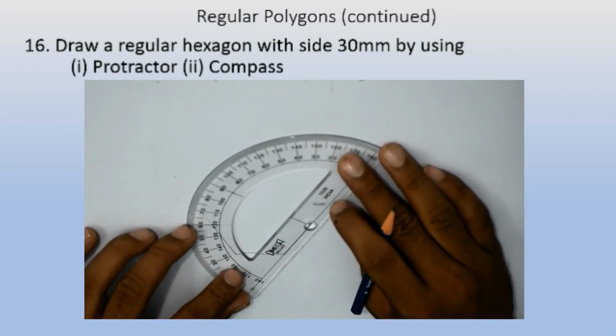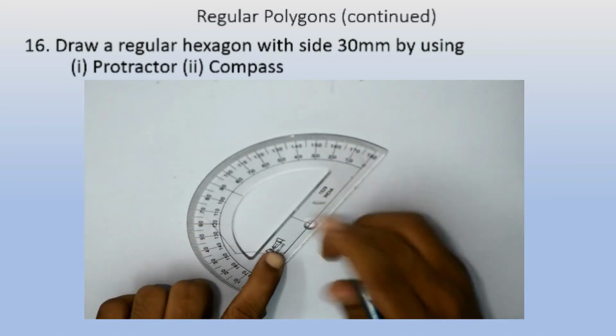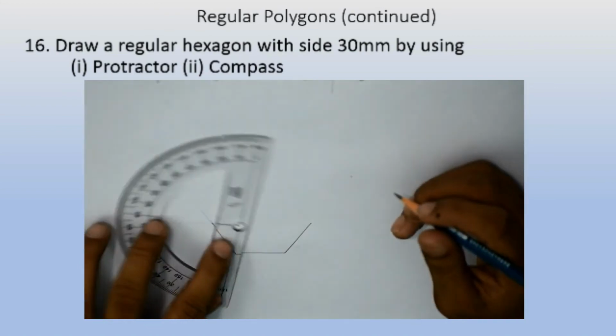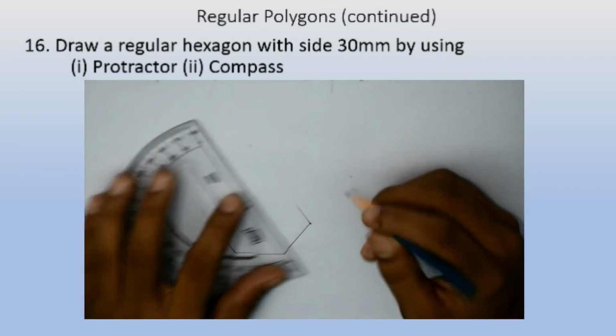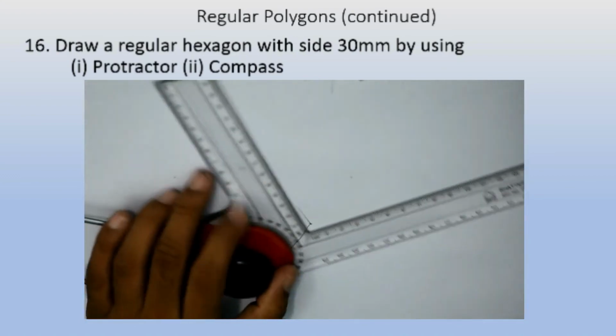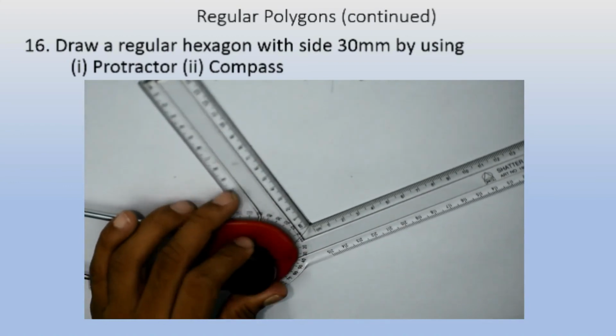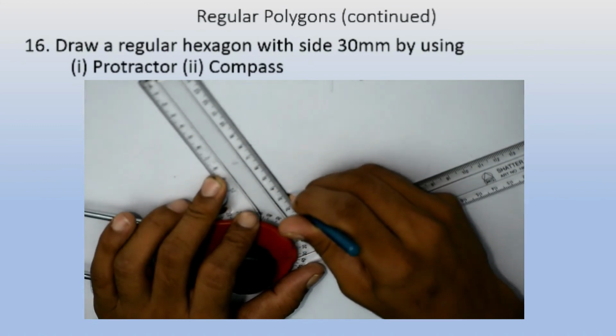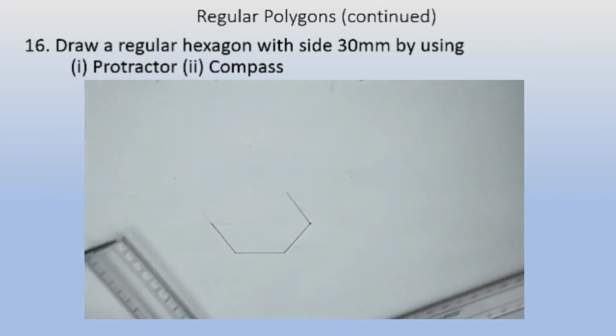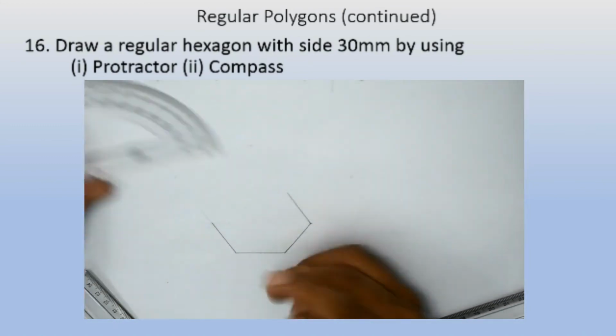So again I will take the same 60 degree angle from the end point of the second line. I will take some small line from there, and again with the drafter scale you can confirm this by matching the protractor also, 60 degree, but here I am using the protractor scale.